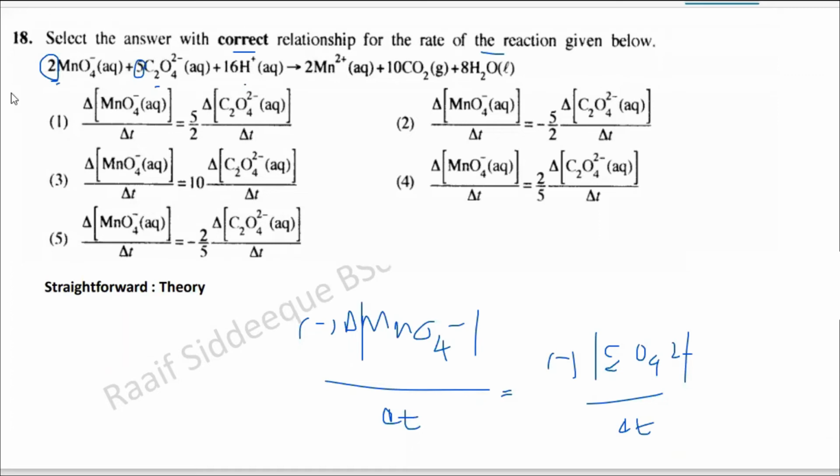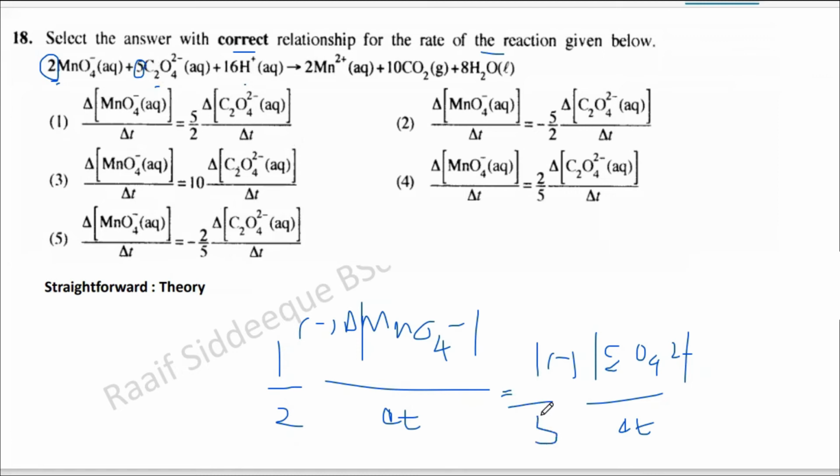At this point, what you have to do here is use the stoichiometry. So basically, for MnO4 minus the stoichiometry is 2. So when you have 1 mole of this that is consumed, how are you going to make it 1 mole? Because the stoichiometry is 2, I am going to get 1 over 2, the reciprocal. And here the reciprocal is 1 over 5.